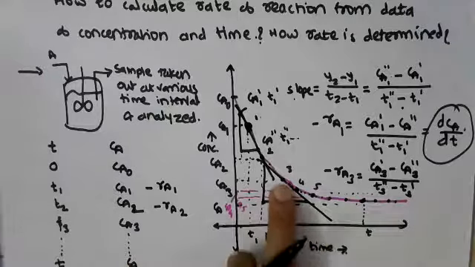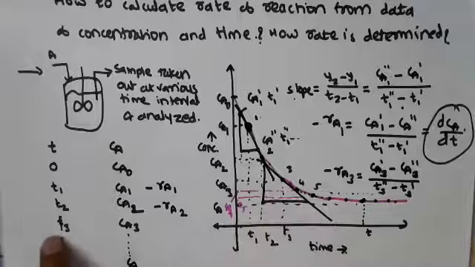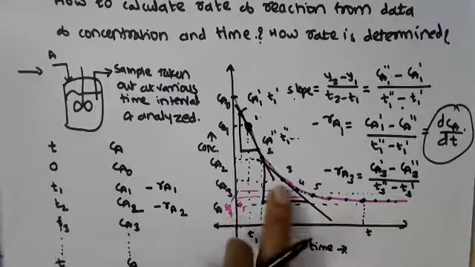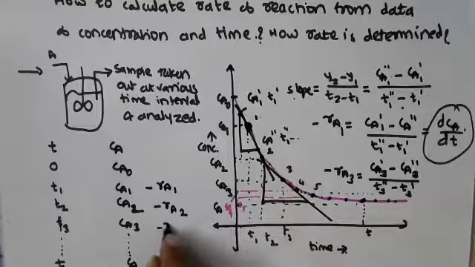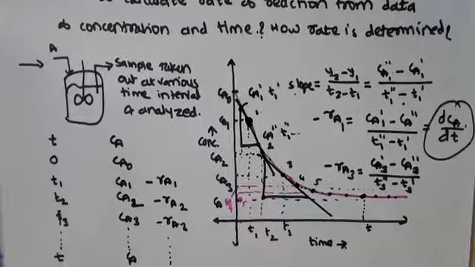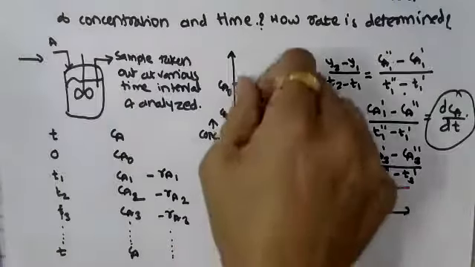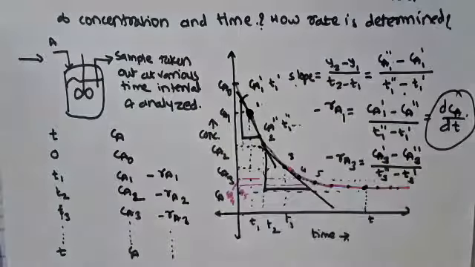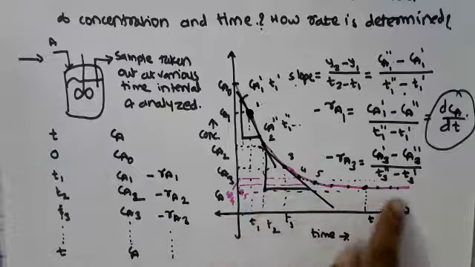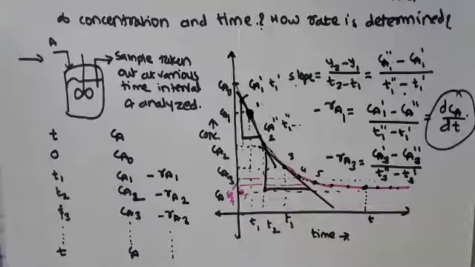If at point 3 the tangent is drawn and the slope of the tangent is equal to minus Ra3, like this. Many a time I have given you an example that initially the rate of fall in concentration is very large, but it progressively decreases with respect to time.